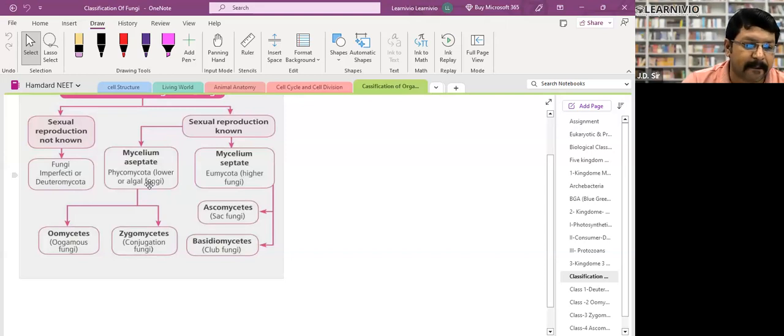Clear? Same thing, right? And where the mycelium is septate, we call them Eumycota. Clear? Phycomycota are also known as the algal fungi. That thing also you need to remember. Is that clear or not? Yes, sir.